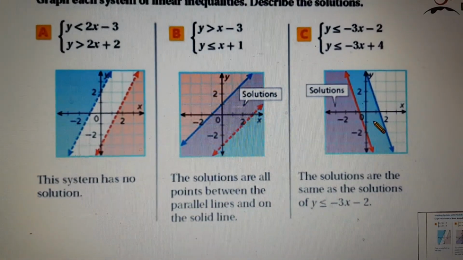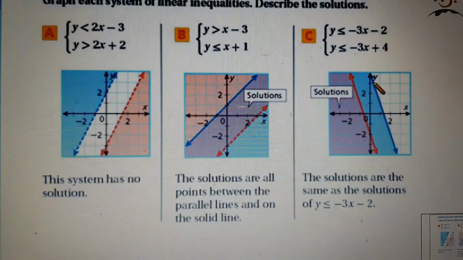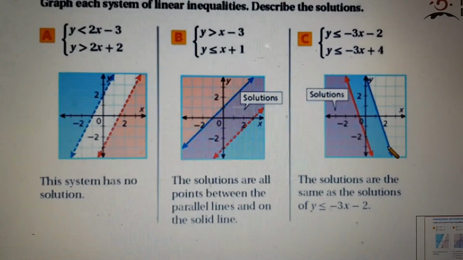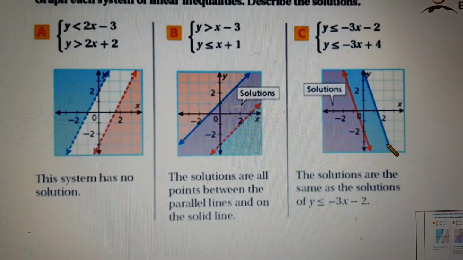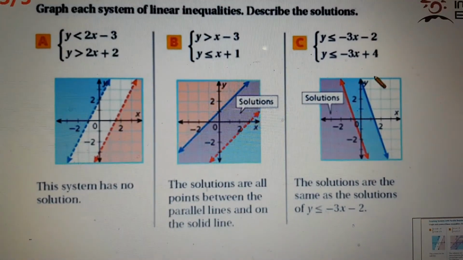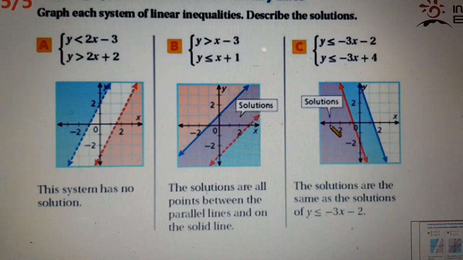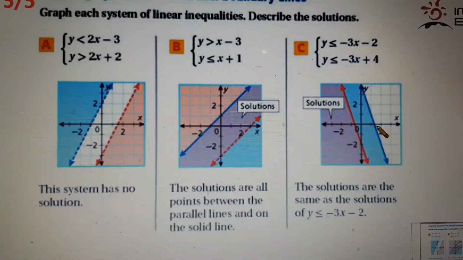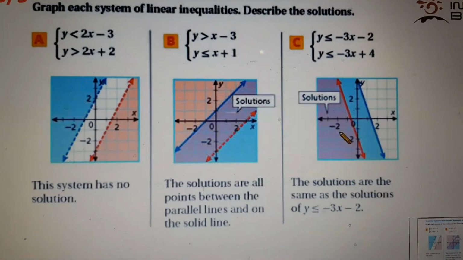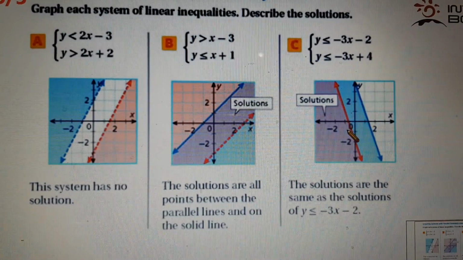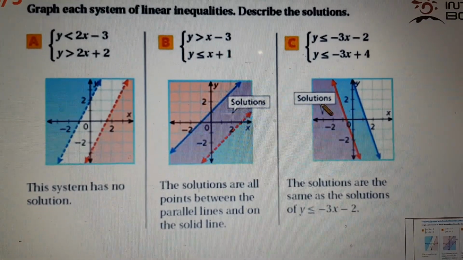If here I have my blue line, for y less than or equal to negative 3x minus 2, the first linear inequality. All of this is my solutions for the first line. For the second line, y less than or equal to negative 3x plus 4. Here is my area, my solution.